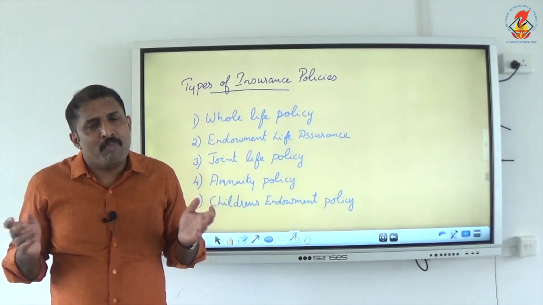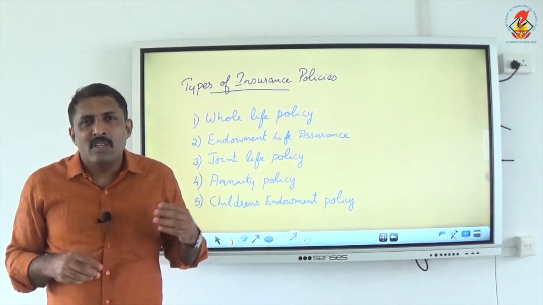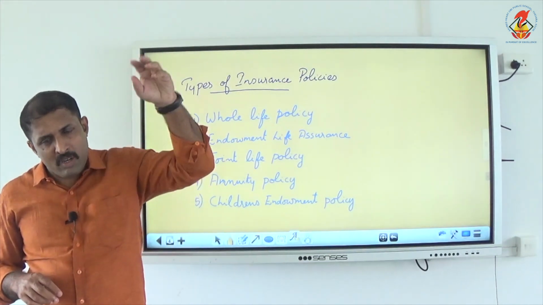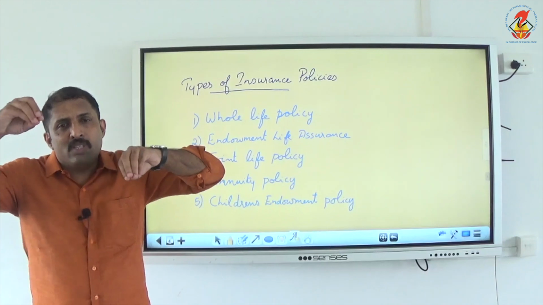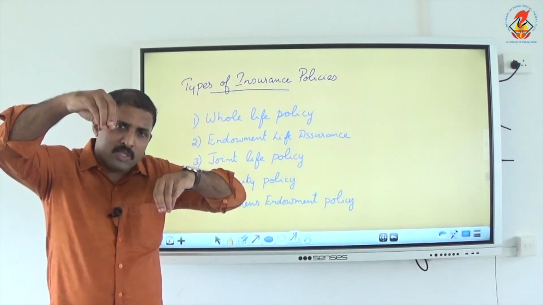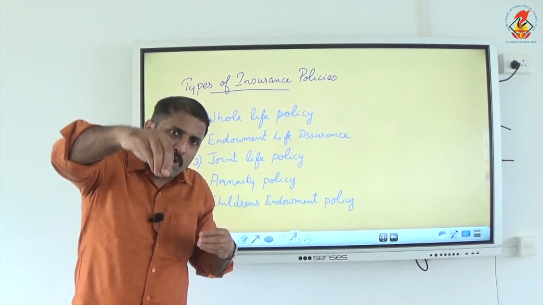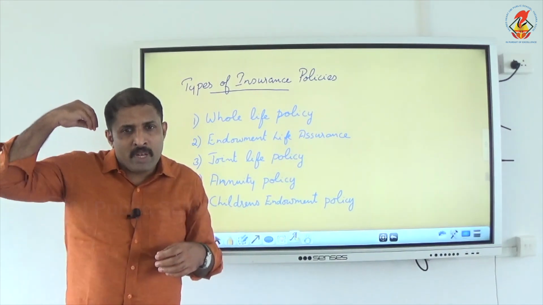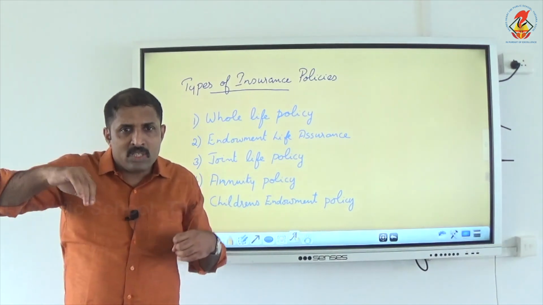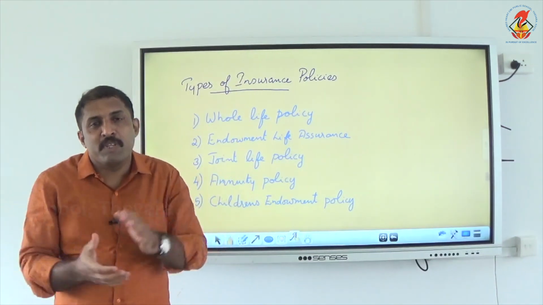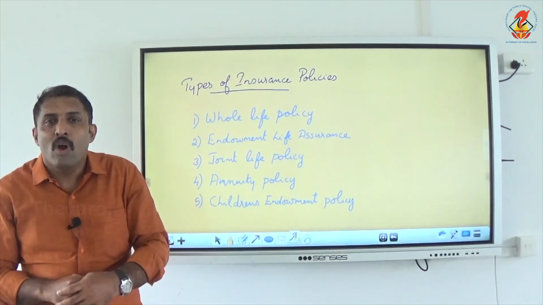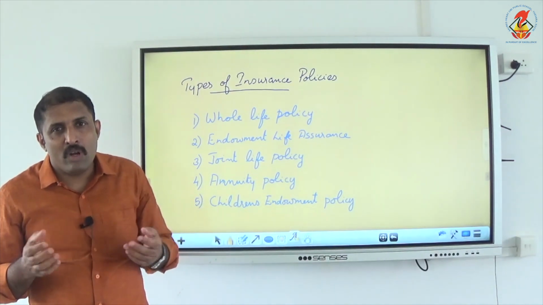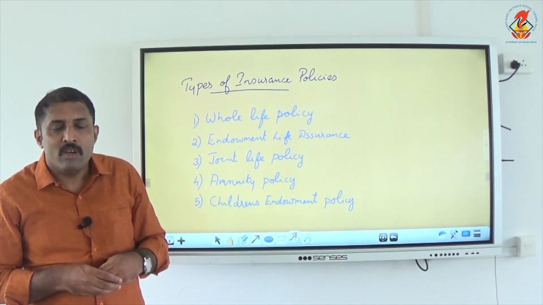That kind of policy is known as children's endowment policy, where a father or mother or any relative is taking a policy, paying a particular amount of premium for a particular number of years, and when the child attains a particular age, it is paid back to meet the expenses of that child's education or marriage or whatever. So, that is called children's endowment policy.